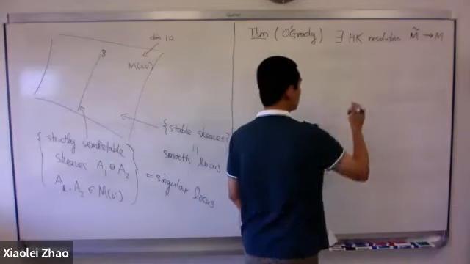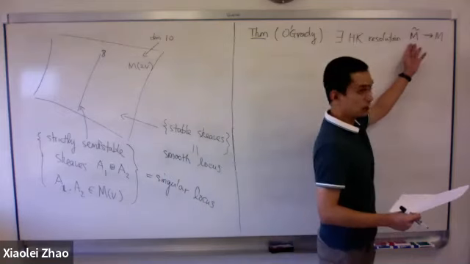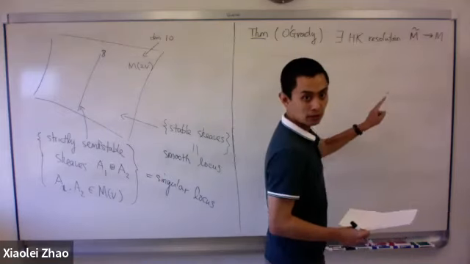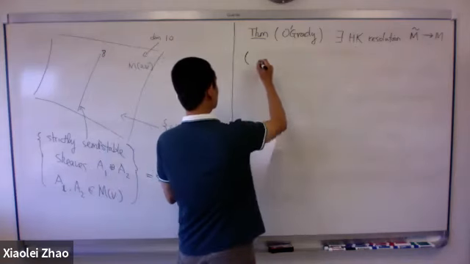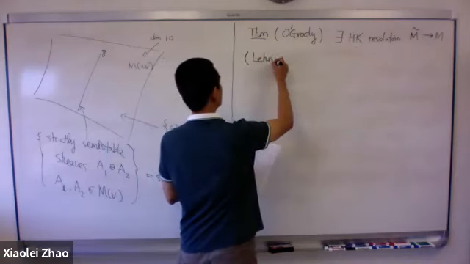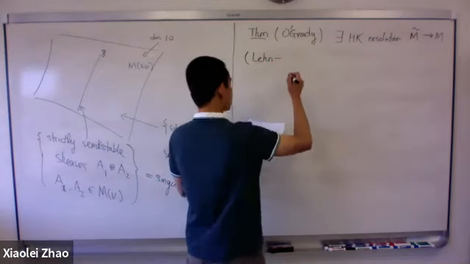So by hyperkähler resolution, I mean you have a resolution of singularity, which is itself a hyperkähler manifold, a hyperkähler orbifold. Okay, so the second thing, the original construction of this resolution is very complicated.